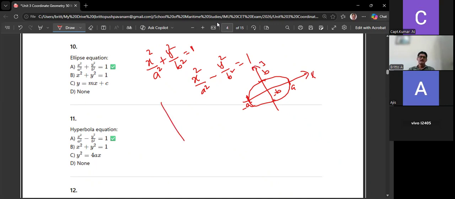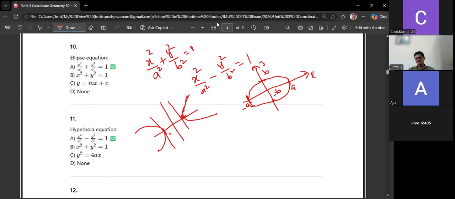Then the next question, question number 11: what is the equation of a hyperbola? The hyperbola equation is x squared by a squared minus y squared by b squared equal to 1. The diagram of a hyperbola is this. Here, this point is minus a, and this point is plus a.